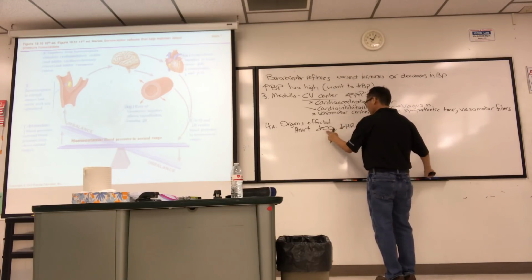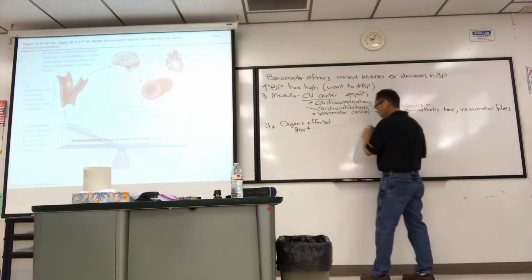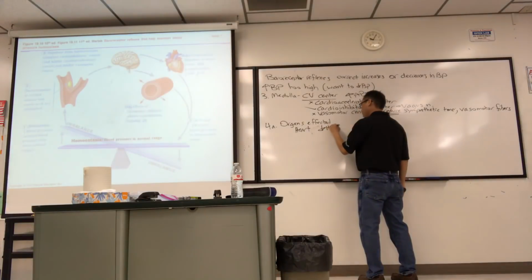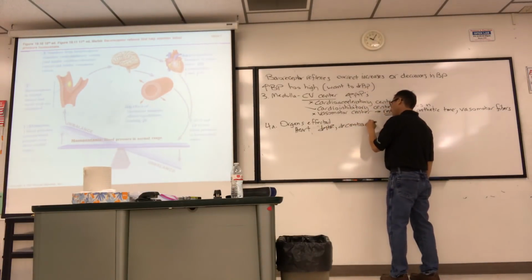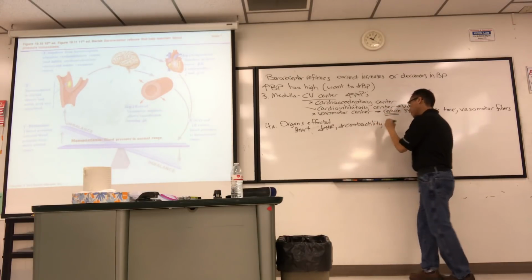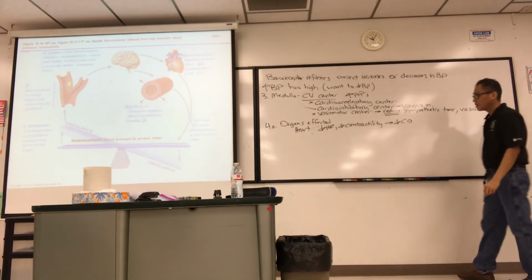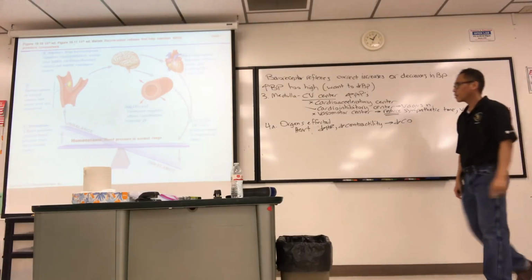Well, I should probably list things that cause the decreased cardiac output. I want you to think like that too. What you're going to have is decreased heart rate, decreased contractility, and those things cause a decrease in cardiac output. That's how you affect the heart in this reflex. The second thing they show is an artery.